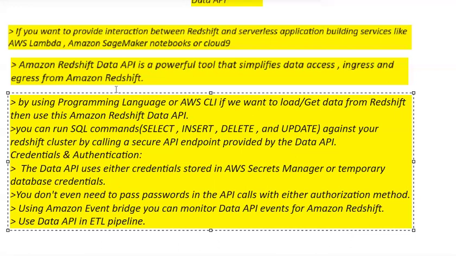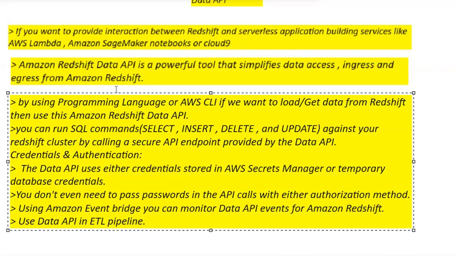Let's see where we use this Data API in an ETL pipeline. Imagine you have an ETL pipeline, where ETL stands for extract, transform, and load. That pipeline extracts data from an external API, transforms it, and loads it into Amazon Redshift using the Data API.